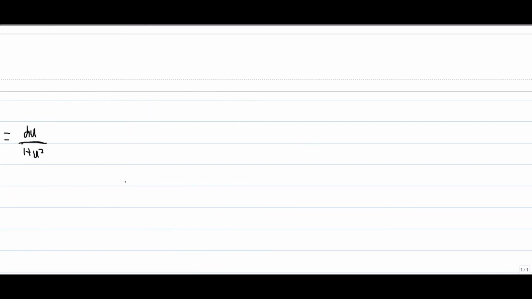Okay, so another example. y equals cosine inverse of 2 over square root of x. Let u equal 2 over square root of x.